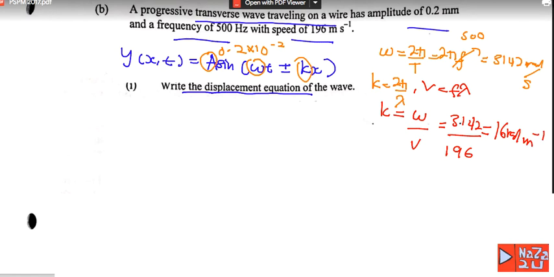Now you have the value of k and the value of omega.